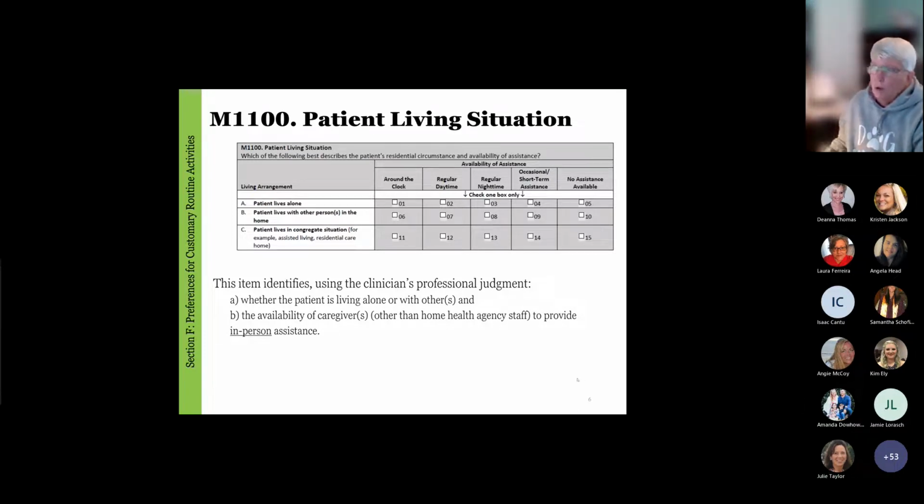So this we know, only one box is chosen. You start with row A, figure out what their living situation is, and then the clinician goes over to figure out the availability of assistance, when is that time frame that someone's available. And the caveat to all that with that person being available is, are they capable of helping out?